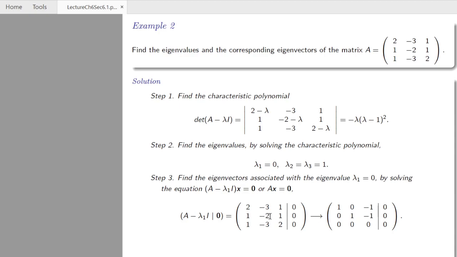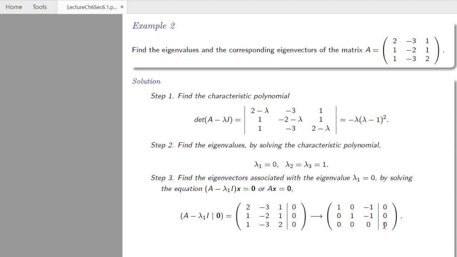And then take away in the third row by negative 3, we can get the last row is 0. Anyway, just by elementary row operations, you can get this form. The most important thing is the last row is 0.